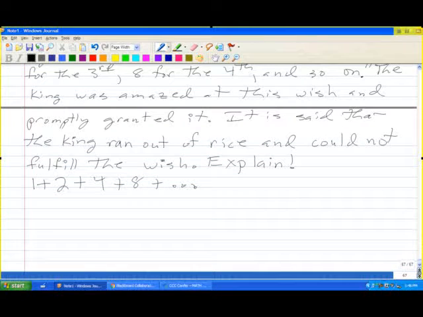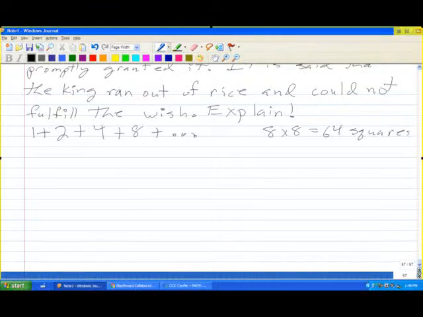And a chessboard is an 8 by 8 chessboard. So chessboards are 8 by 8, so they have 64 squares. Therefore, we're going to be adding up 64 terms.